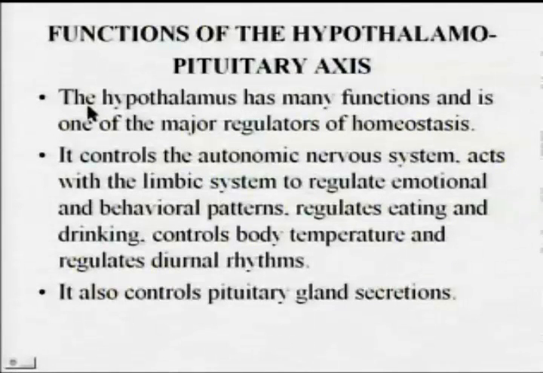So the hypothalamus, as far as functions of the hypothalamic-pituitary axis, or in general, the collective axes into this overall axis, neuroglandular axis, if you want to think of it that way.